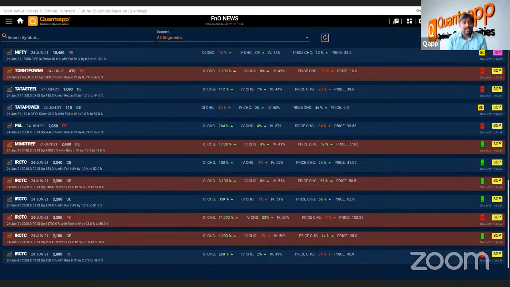Apart from that, it's better to be aware of the important levels in that stock, so you can go either from the OI analysis or the volume analysis. And if you specifically want to trade options, you can use F&O news or F&O scanners to identify spots where unusual activity is going on, so we can trade it.